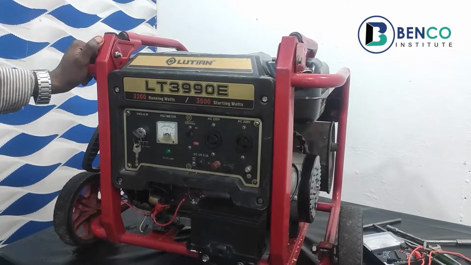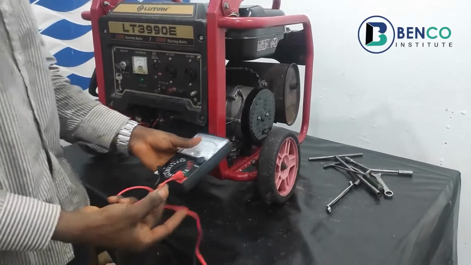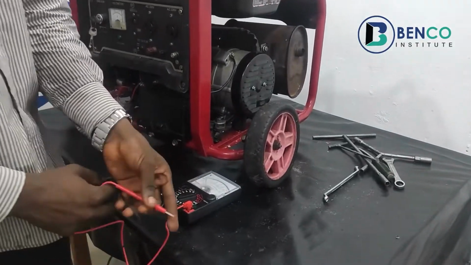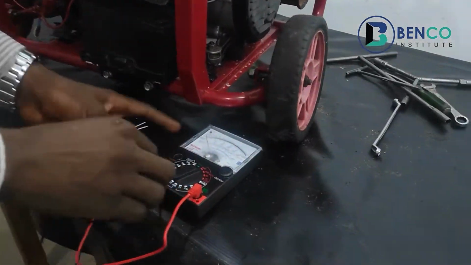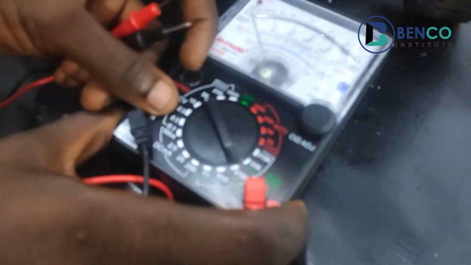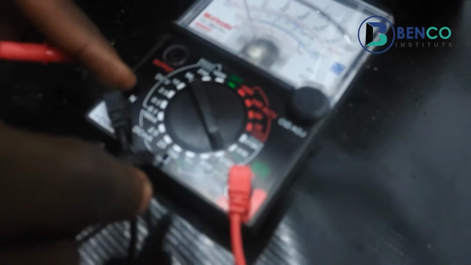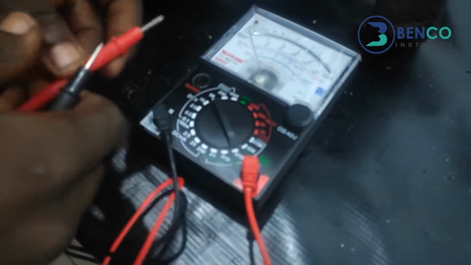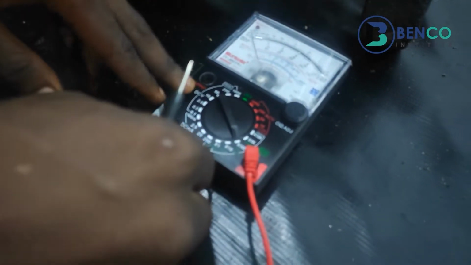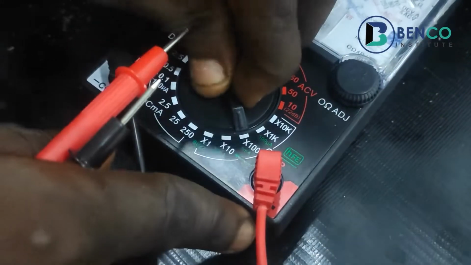Next up our sleeve is the continuity test. And this is our multimeter. We will make use of the analog multimeter here. For some multimeters, there is a diode symbol for continuity.